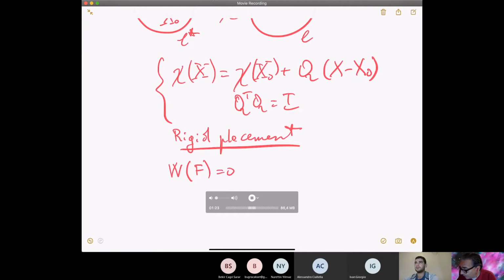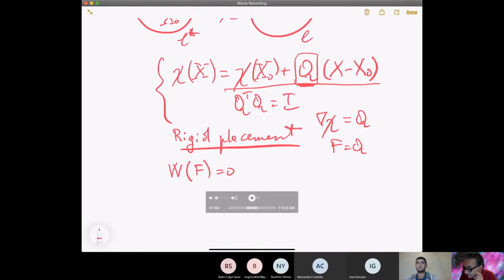So as F is Q, because clearly the gradient of this linear affine map is Q. So in this case, F is equal to Q, orthogonal.